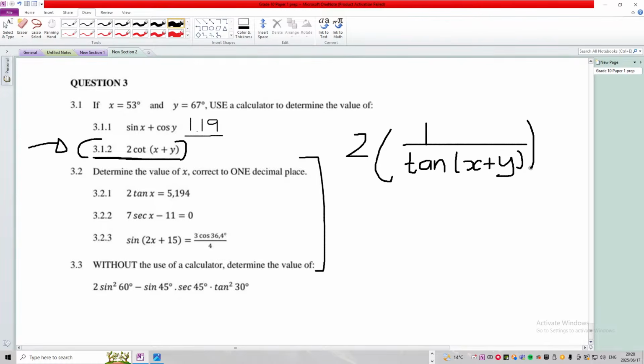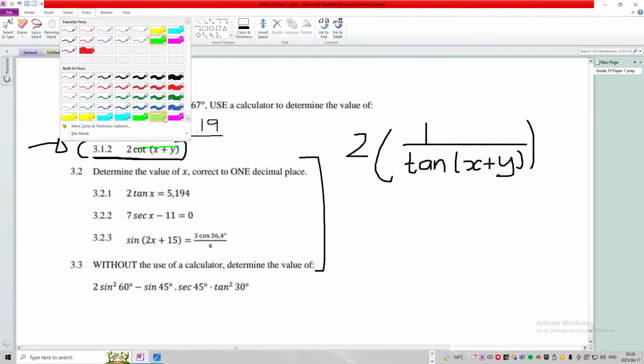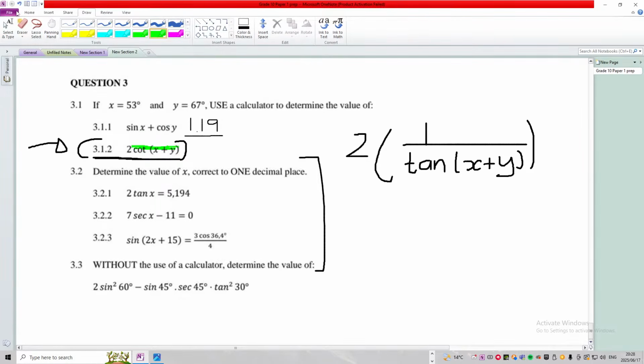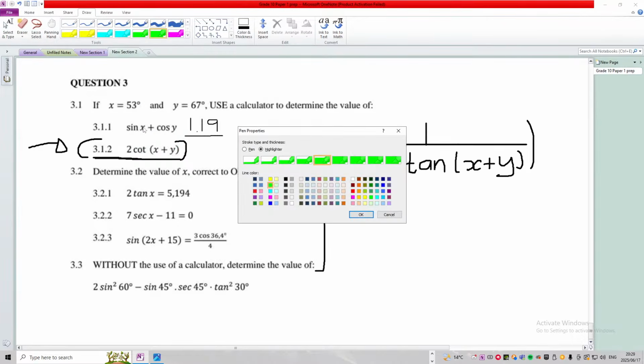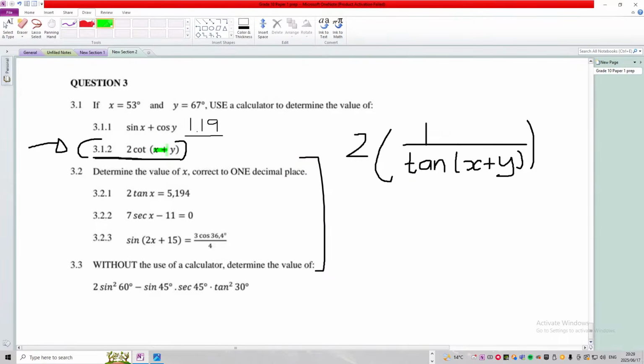You see, like that. Very important and critical that whatever is in the brackets with the cot there. You see? That is going below also with the tan.